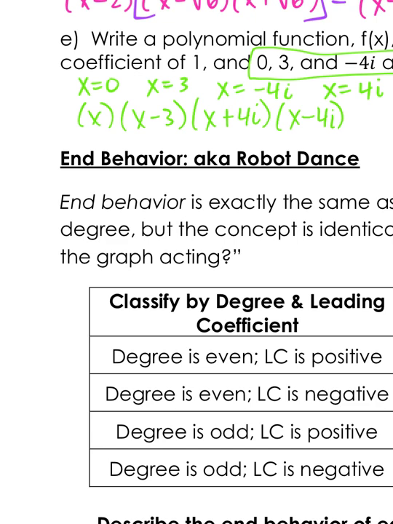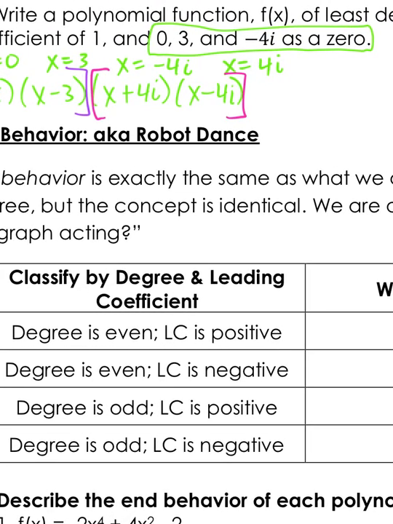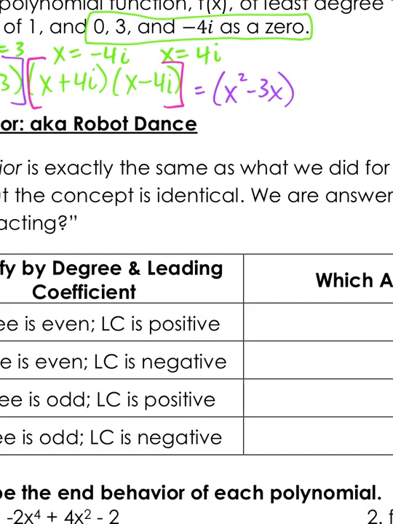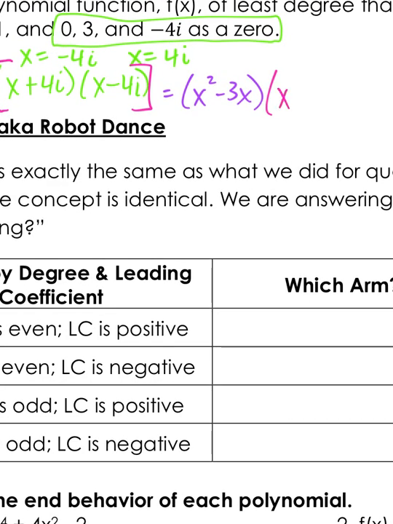So I'm going to kind of do this in two parts. I'm going to do this part here first and this part here second. So x times x minus 3 is going to give me x squared minus 3x. So I'm going to leave that for a second. When I do x plus 4i times x minus 4i, that's going to give me x squared minus 16i squared.